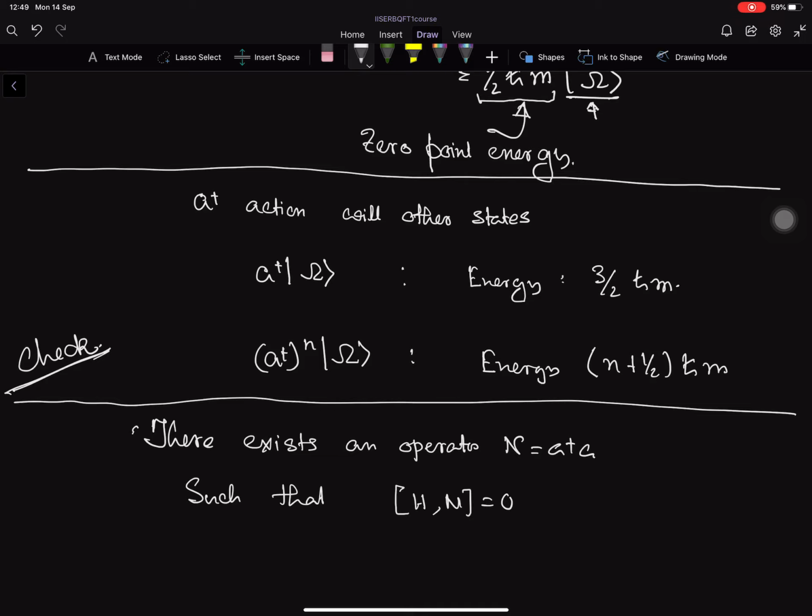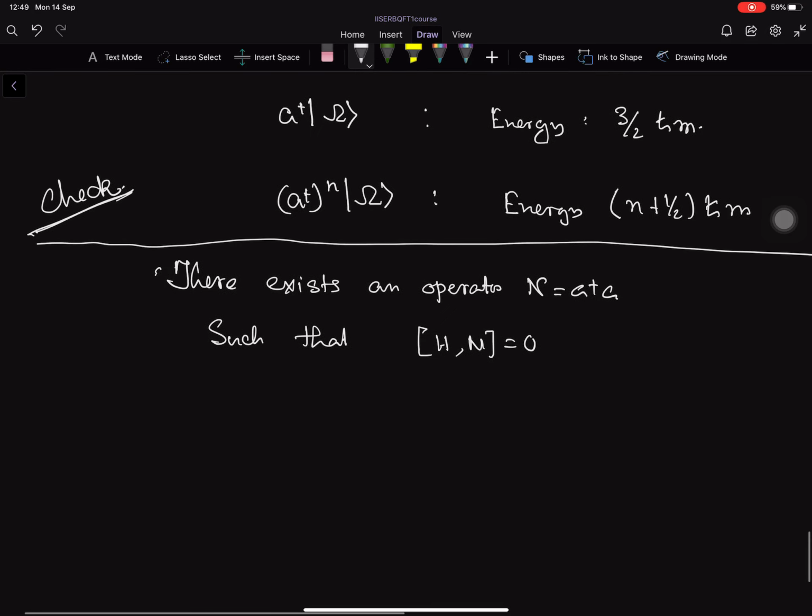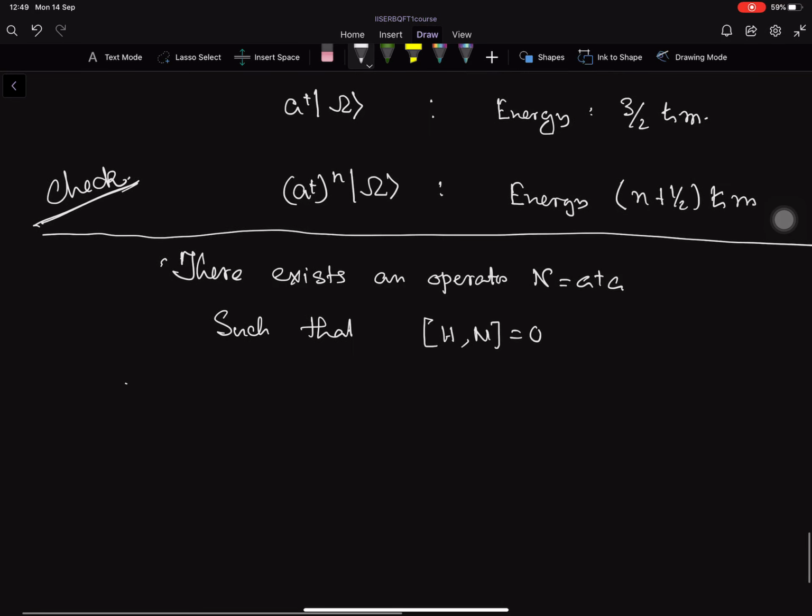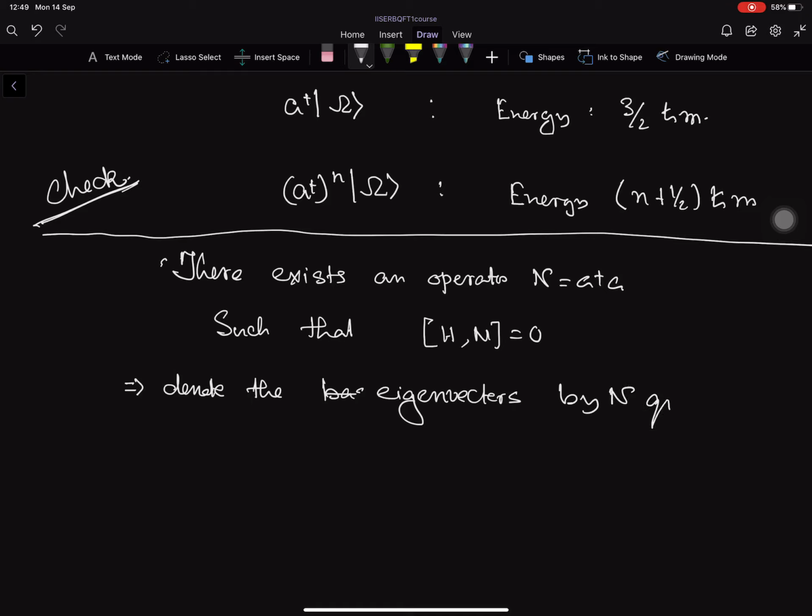Okay, so under the time evolution, the n quantum number won't change. And this allows us to denote the basis elements of the eigenvectors by the n quantum number.